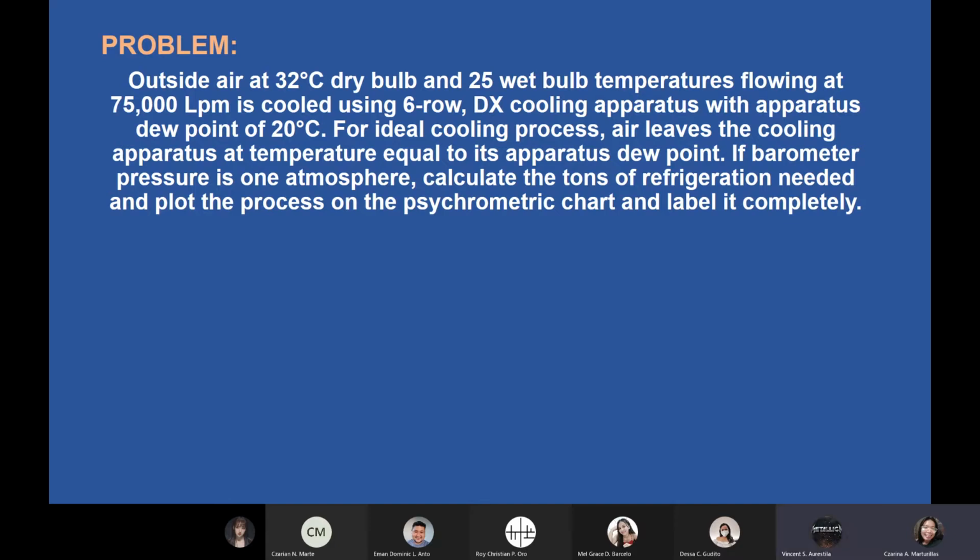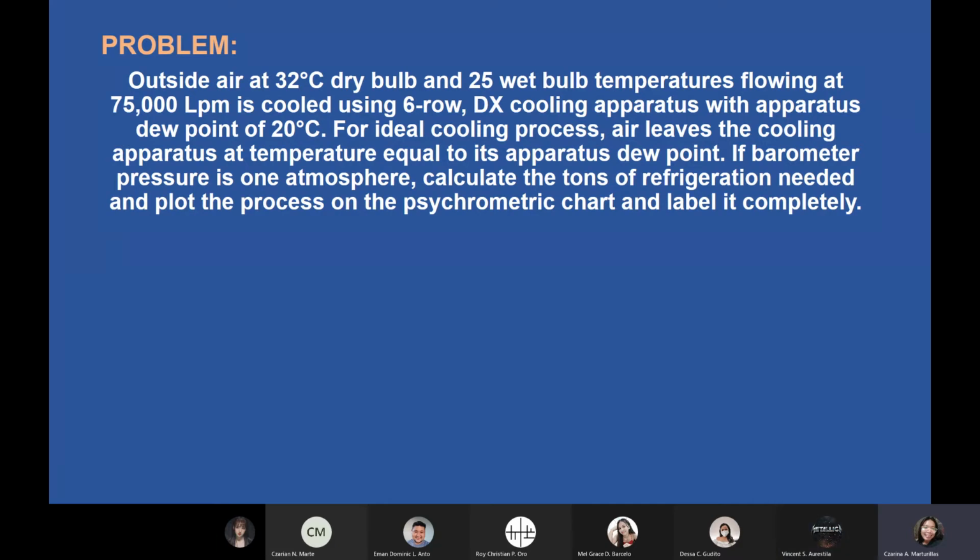If barometric pressure is 1 atmosphere, or 101.325 kilopascals, we are to calculate the tons of refrigeration needed, or the Qref, the heat we need to reject from the system, and plot the process on the psychrometric chart and label it completely.